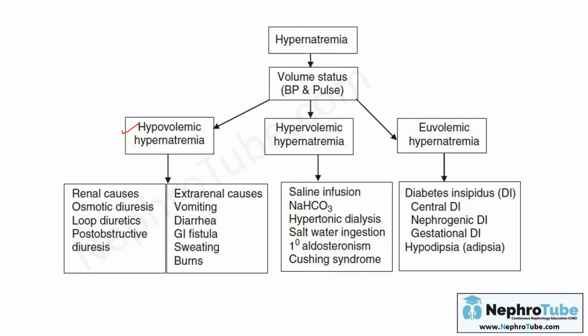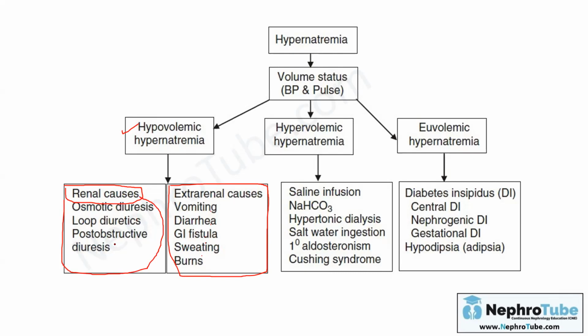In these cases, the patient will lose excess water, and the loss of water may be extrarenal, as in vomiting, diarrhea, sweating, burns, GIT fistula, etc. Or the patient is losing water by the kidney, as in osmotic diuresis, use of loop diuretics, or post-obstructive diuresis.